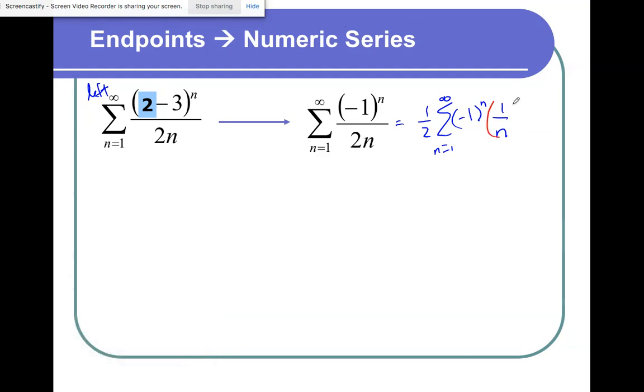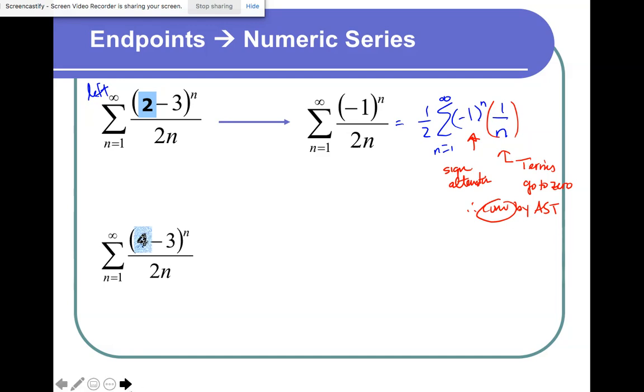So you have terms go to 0. And you have a sign alternator. Therefore, converge by the alternating series test. So you put the left endpoint in, you shook it all about, and you found out convergence. So that means you're going to close that left end.